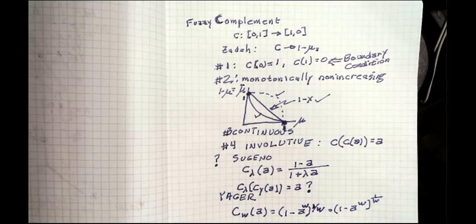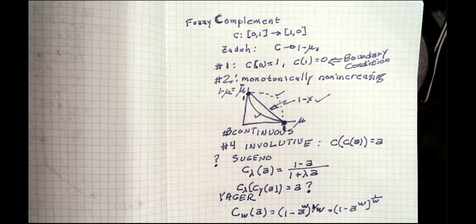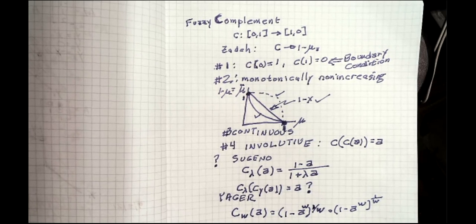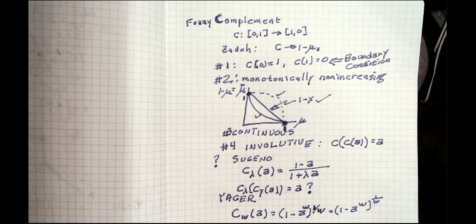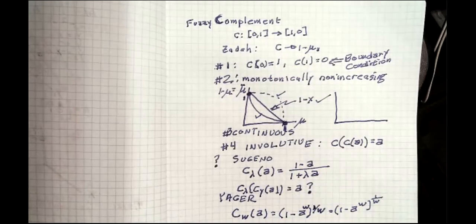Again, you choose a value of w, and any of those is a possibility. When does this become, by the way, the Zadeh complement, for w equal to what? I think that would be when w, or omega, is equal to 1. Yeah, when w is equal to 1, then it's just 1 minus A, which is the Zadeh complement, right?